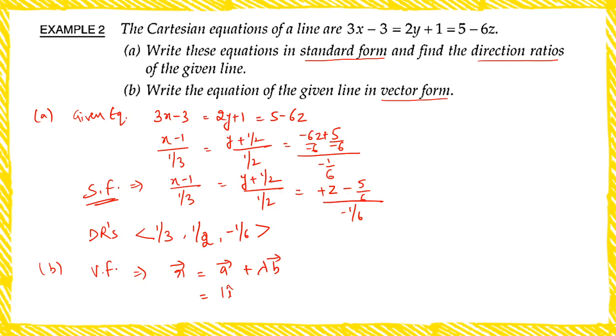Y minus y1 means minus 1 by 2 j, and z minus z1 means plus 5 by 6 k, plus lambda vector b. Vector b is the direction vector, so it is 1 by 3i plus 1 by 2j minus 1 by 6k. Now you can simplify it, and that will be the answer.